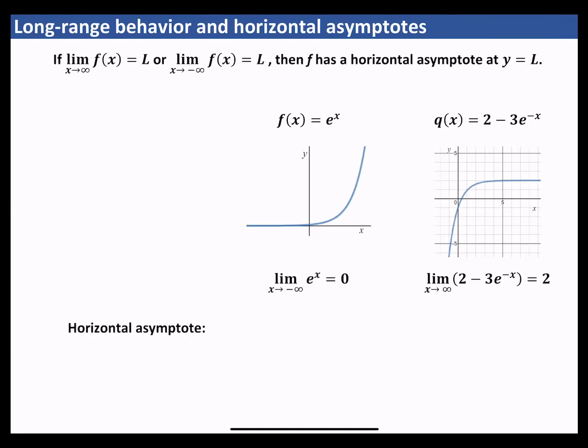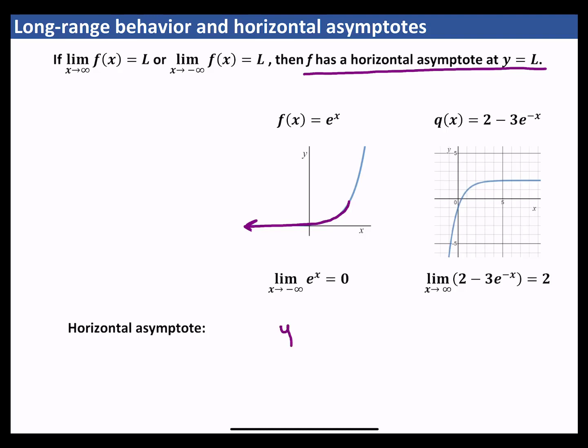Finally, if the limit of f of x as x approaches infinity equals a single value L, or the limit of f of x as x decreases without bound equals a single value L, then f has a horizontal asymptote at y equals L. So for example, the limit of e to the x as x decreased without bound equaled 0.